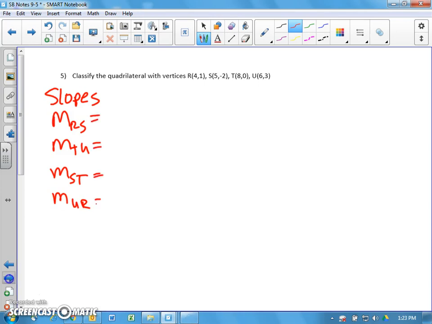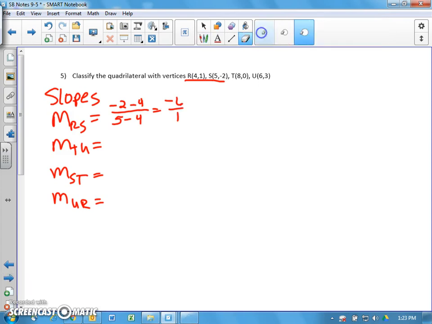Without the grid, we can't really count rise over run, but we do have our slope formula, and that's change in y over change in x, or y2 minus y1 over x2 minus x1. So when I'm looking at R and S, I'm going to do my y value minus my y value over x value minus x value. On the top, that's a -6. The bottom is a 1. We've got a mistake right here.